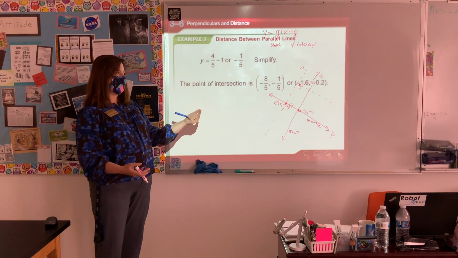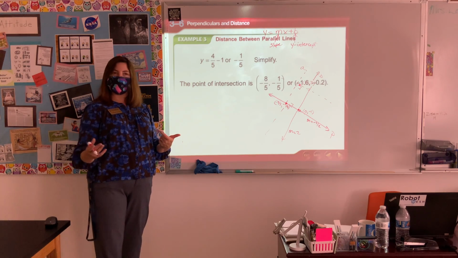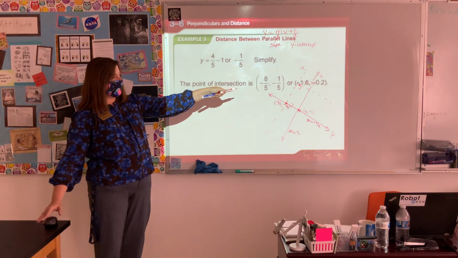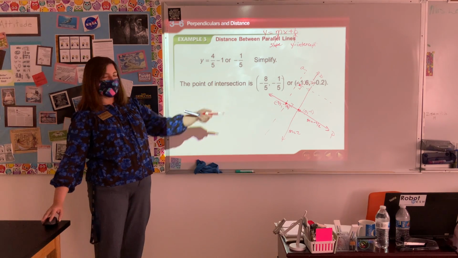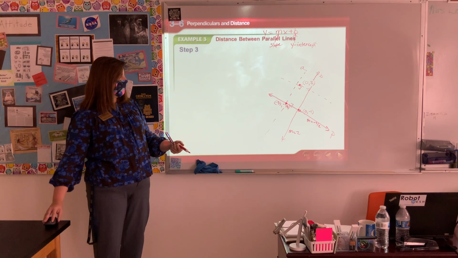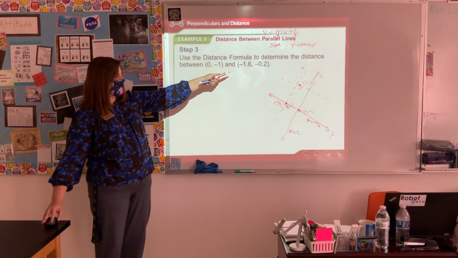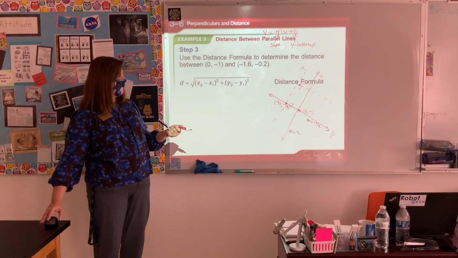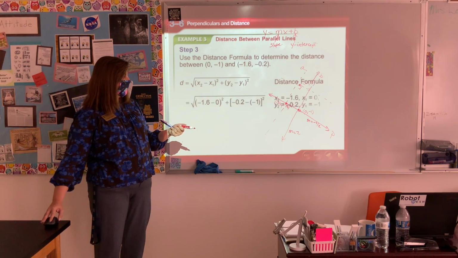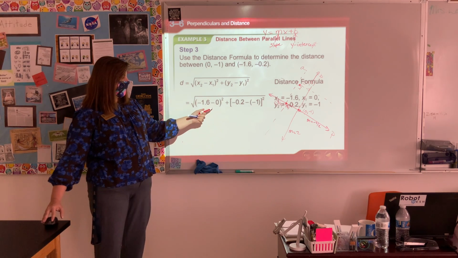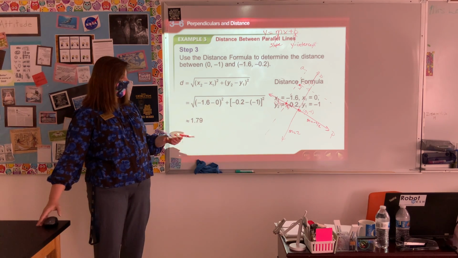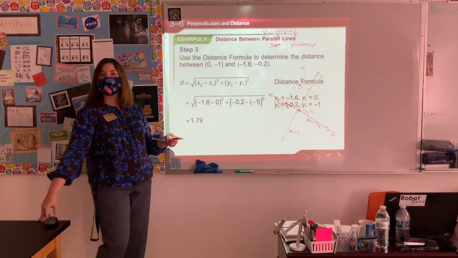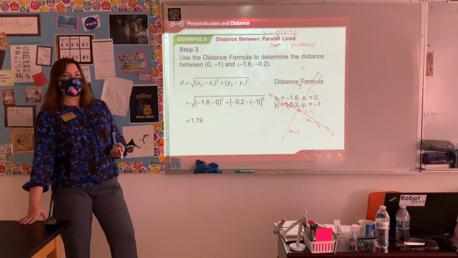Okay, and so the decimals might be easier, especially as we go on to the next step and we need to square things. So they brought it to negative 1.6 and negative 0.2. So now we're going to plug those numbers from the 2 points into the distance formula, and here's what we get. Take this and simplify it, and you should get about 1.79. There's going to be some digits after that, so they kind of chunked it off right there.